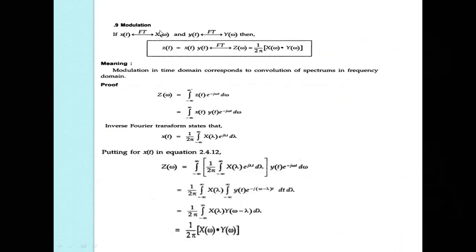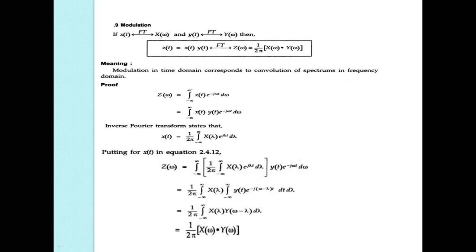The statement of the modulation property says that if x of t has the Fourier transformation X of omega, and y of t has the Fourier transformation Y of omega, then z of t is equal to x of t into y of t, the product of the time domain signals. Apply the Fourier transformation of that signal, and you will get the convolution of the frequency domain signals with 1 by 2 pi as a factor.